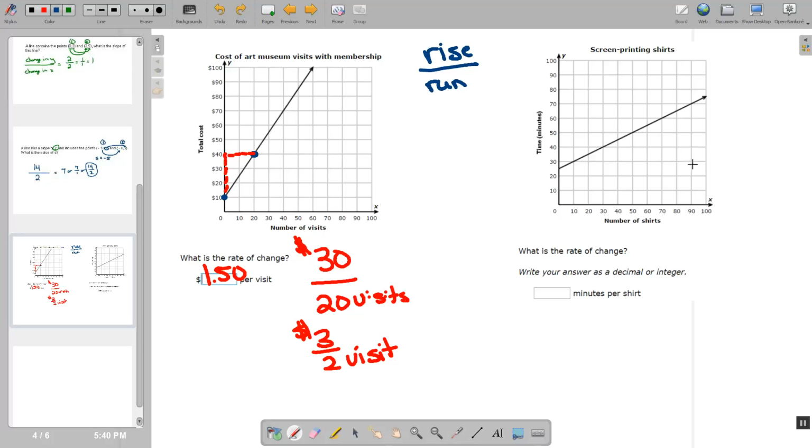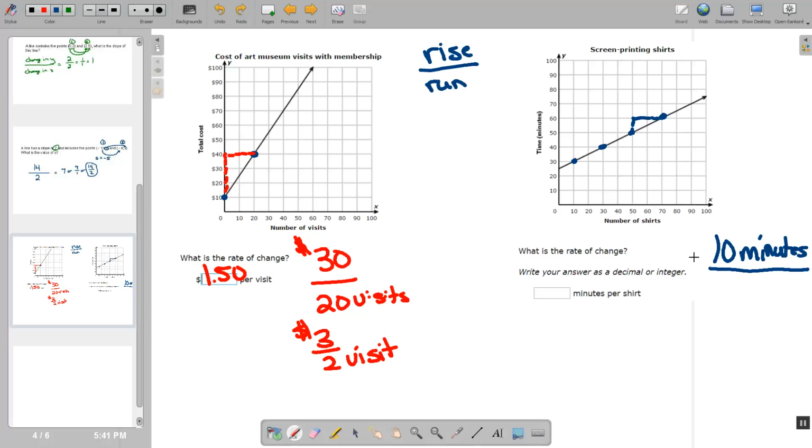Last problem of the video. Now we have to find 2 ordered pairs that hit on corners. I notice there's one here, one here, one here, one here. So we have a lot of options. I'm going to pick these last 2 just to be a little different. And I want to know how much did we go up in our rise. So that means we went up 10 minutes in this problem. And we're going to divide that by how much did we go over in shirts?